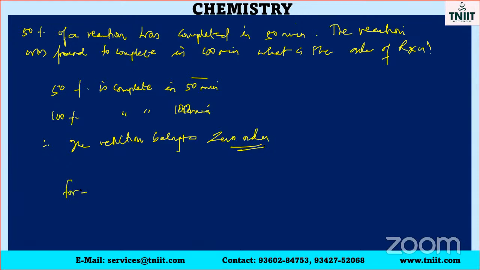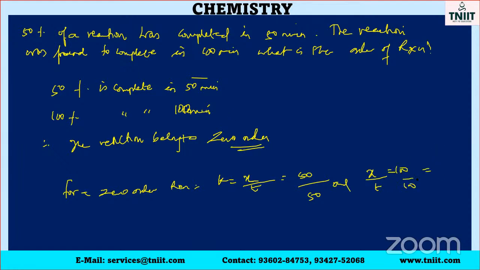For a zero order reaction, K is equal to x by t. In the first case x is 50 and time is also 50, and in the second case x is 100 and time is also 100. Therefore it is 1 in both cases, so it belongs to a zero order reaction.